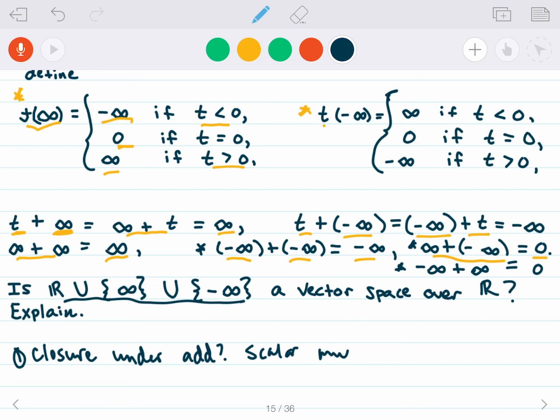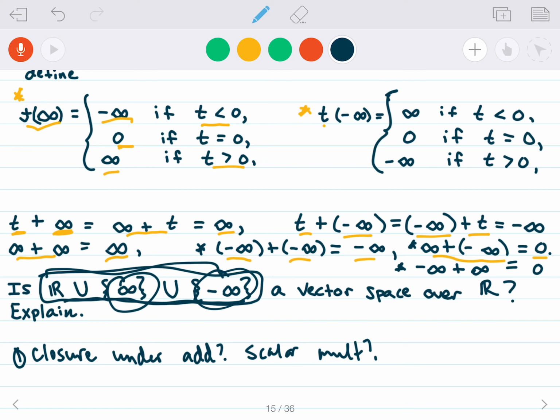Is this true? Well, definitely for the real numbers, right? This space includes all the real numbers plus two additional objects. When we add any two real numbers, of course, it's still going to be in this set because it's still going to be a real number. Same thing with scalar multiplication.